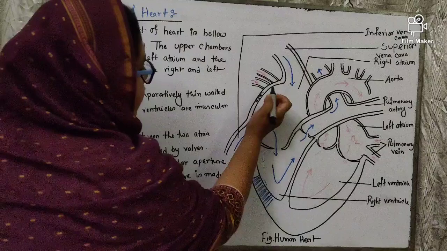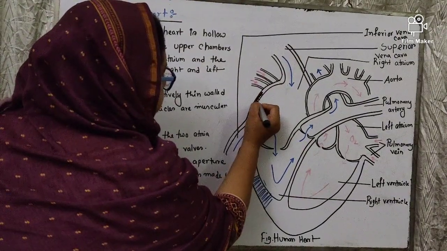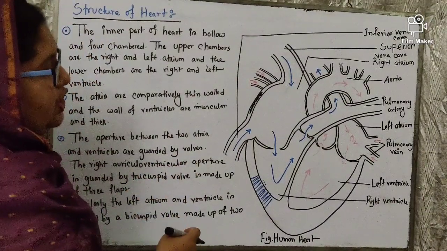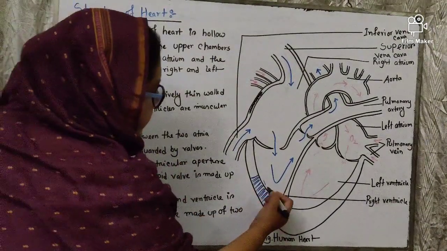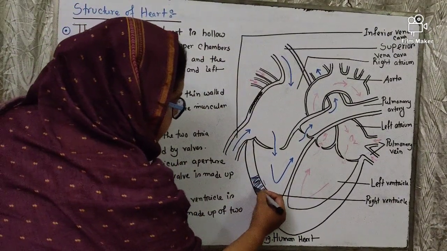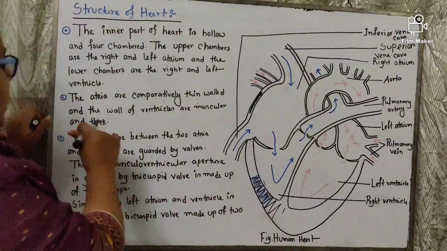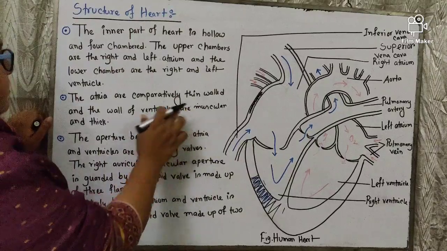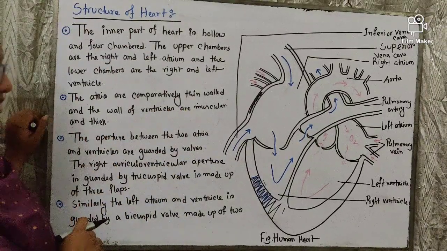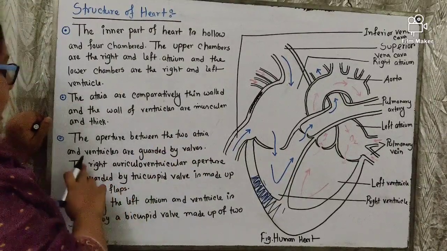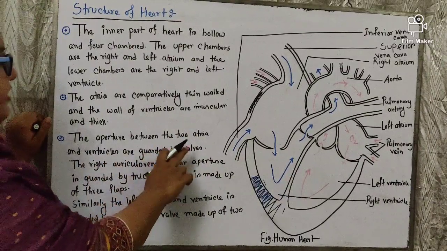Now, the atria are comparatively thin walled. That means the wall of the atria is thin in comparison with the ventricle. The ventricles are thick walled. The walls of ventricles are muscular and thick. The apertures between the atria and the ventricles are guarded by valves.